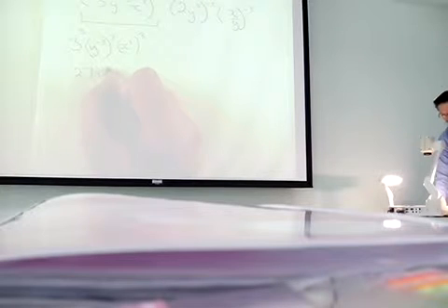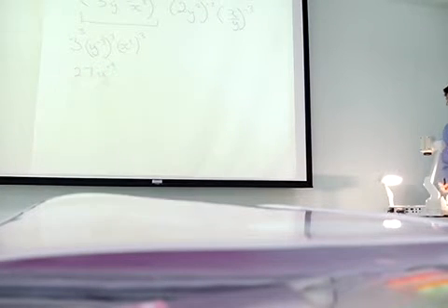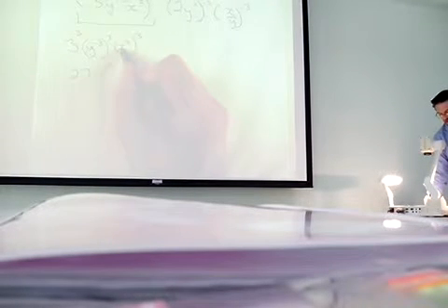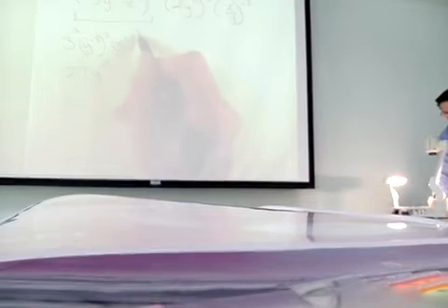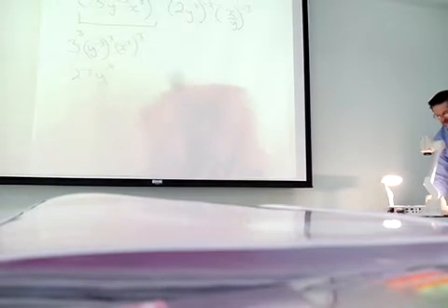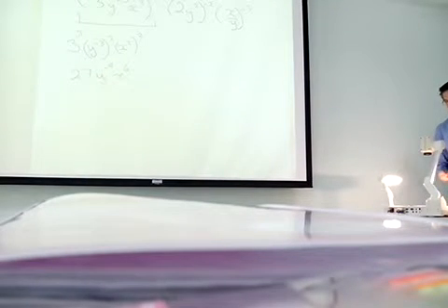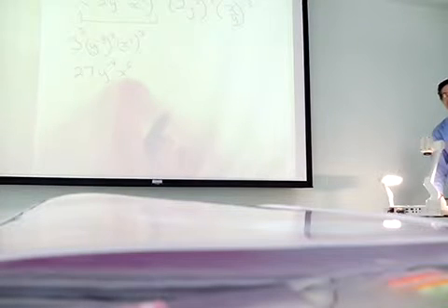Y to the negative 9. Good. So negative 3 times 3 is negative 9. What about this one? X to the exponent 2 to the exponent 3 is x to the exponent 6. Good. So the first part looks like this.